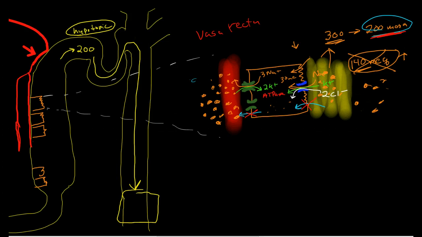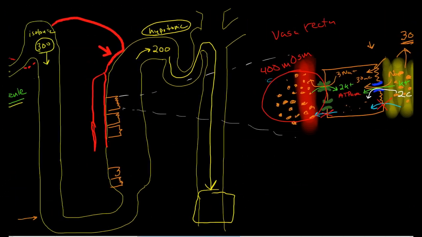So we are decreasing the osmolarity in the tubule, and we are increasing the osmolarity in the vasa recta. Okay? So now that we know that, we can tell the rest of the story.